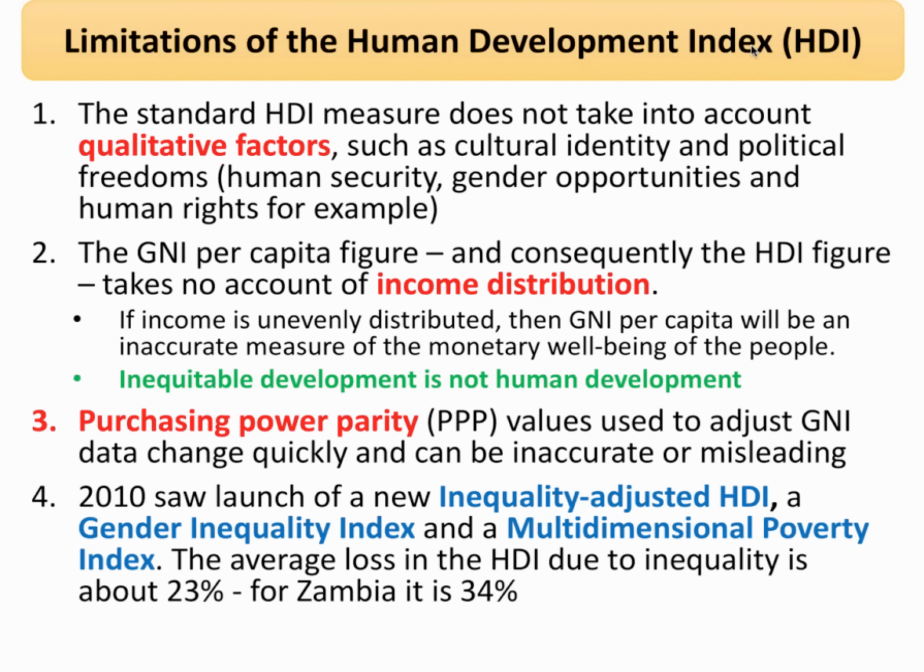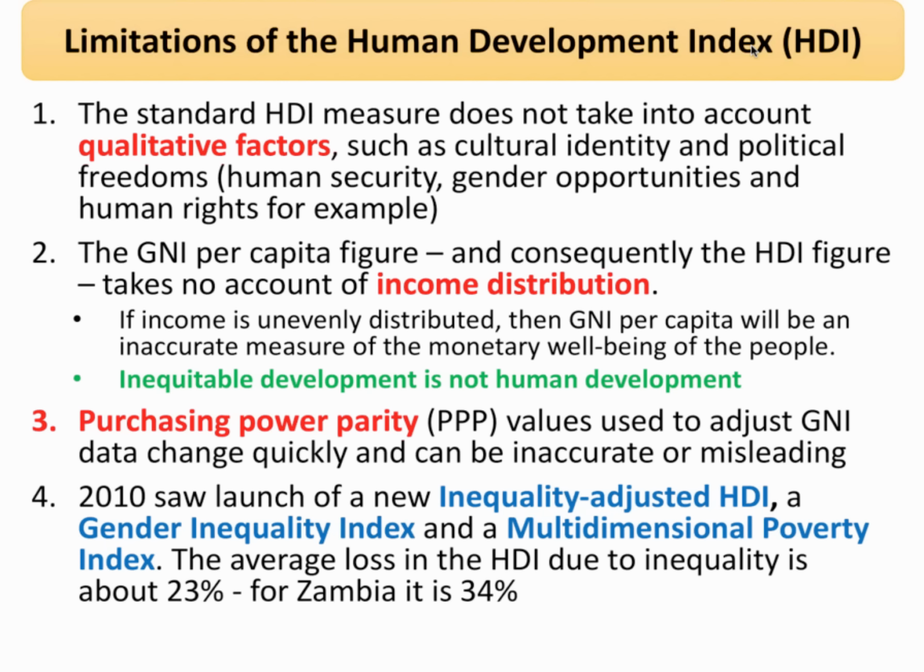Of course, the HDI on its own is an average and it's a composite, and it tends to miss out some of the qualitative aspects of life and things such as cultural identity, democratic freedom, employment security, gender opportunities, basic human rights, for example. So qualitative aspects tend to be ignored by the HDI. If you like, the well-being aspect as opposed to the narrow welfare aspect.